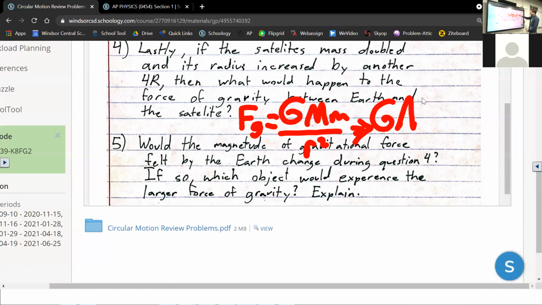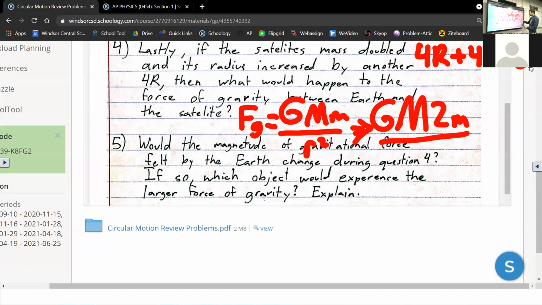The big M of the Earth stays the same. The satellite's mass doubled. And the radius started as 4r, and then it became 8r, so it essentially doubled.